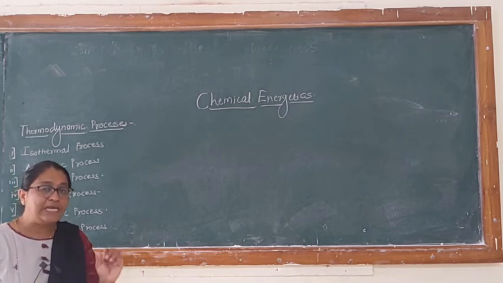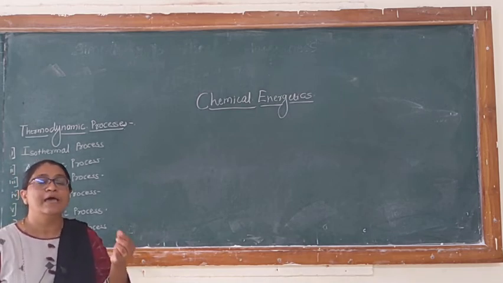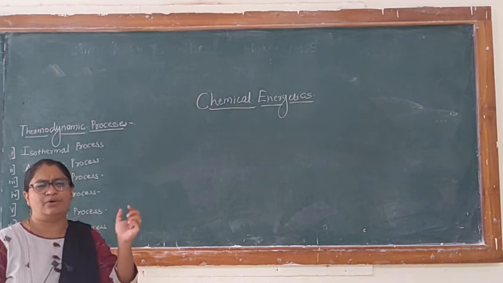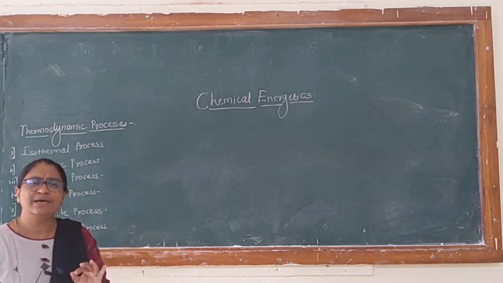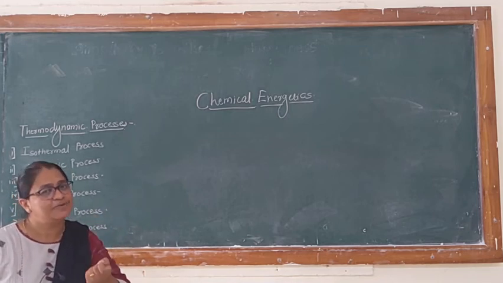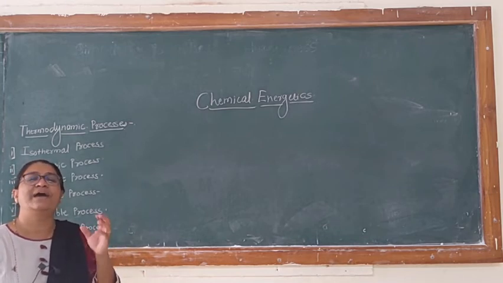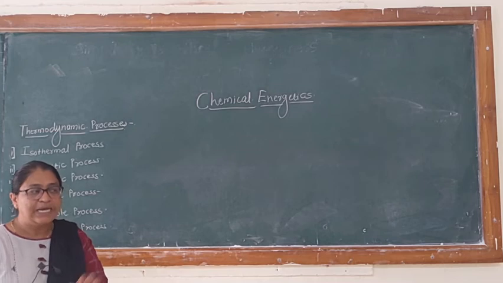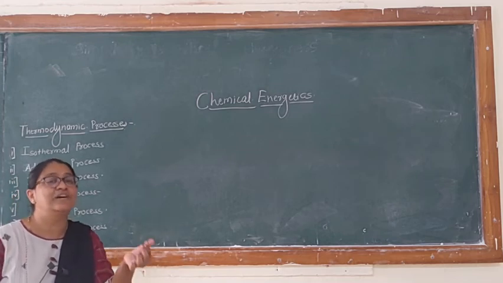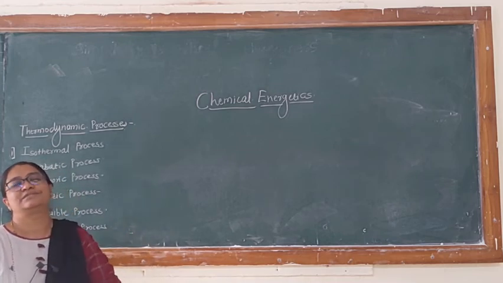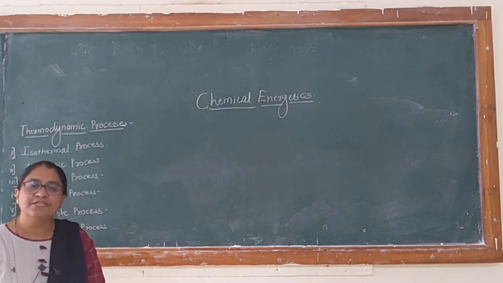And if you increase the opposing force by an infinitesimal amount, what is an infinitesimal amount? That means a very negligible amount. If you increase the opposing force by that amount, the small step gets reversed. Such processes are called reversible processes.